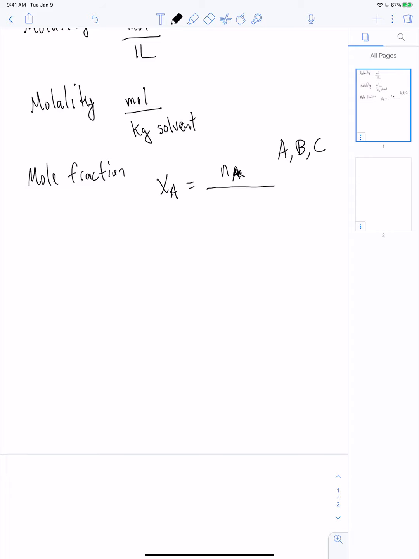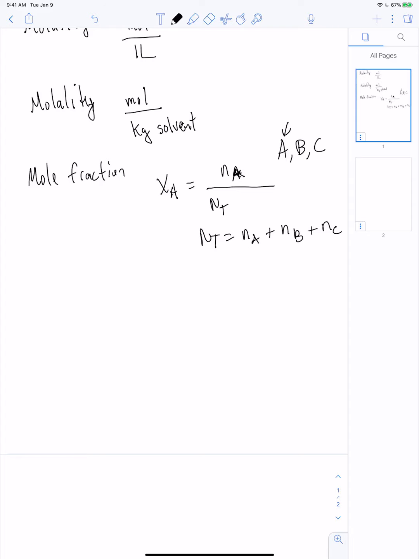The mole fraction of A will be the number of moles of A divided by the total number of moles, where the total number of moles is just the sum of the individual numbers of moles. So it's literally the fraction of a particular mix.